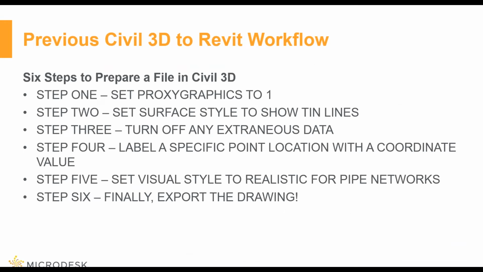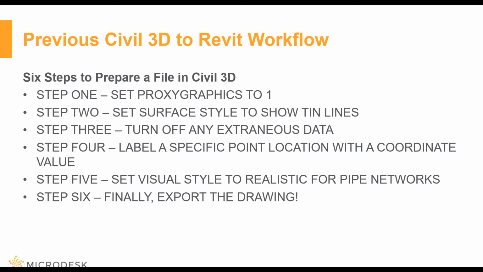Okay, so this is just one of the workflows that we've had previously to bring Civil 3D into Revit, and it's mostly focused on preparing our file in Civil 3D to get ready to be brought into Revit. So it's basically 6 steps, and this is just one workflow. There's other ones too, but we have to set our proxy graphics to 1.